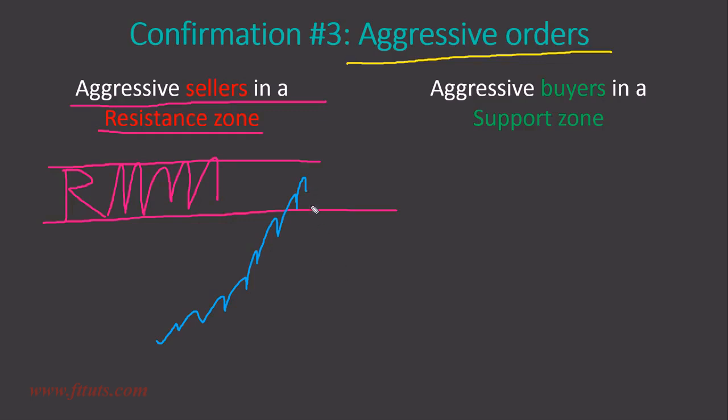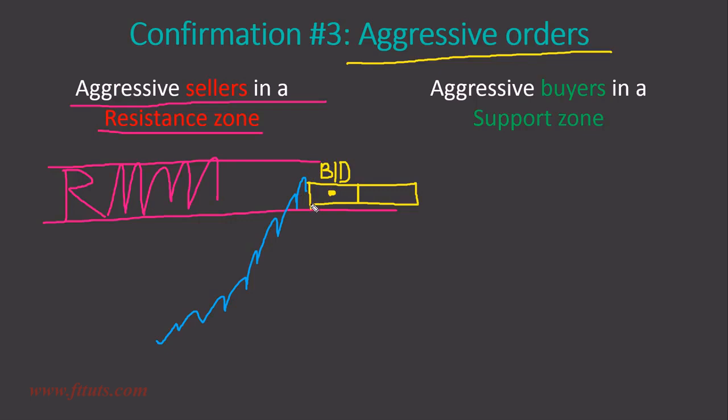And aggressive sellers, if you look at footprint, this is one cell of a footprint, so those aggressive sellers will show on bid in here. So you want to see sellers jumping in.